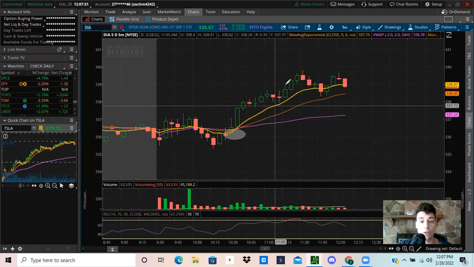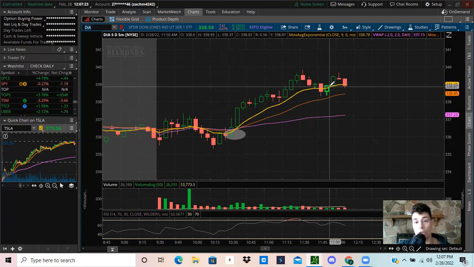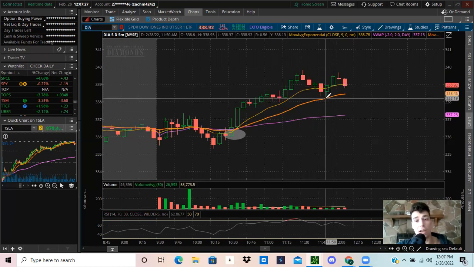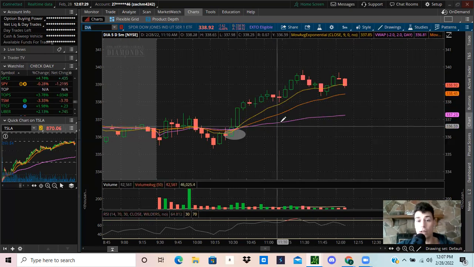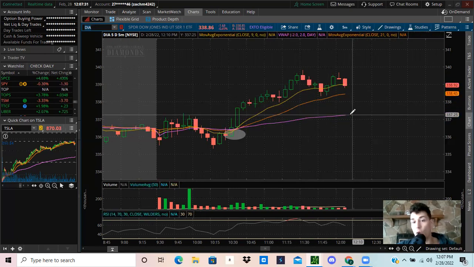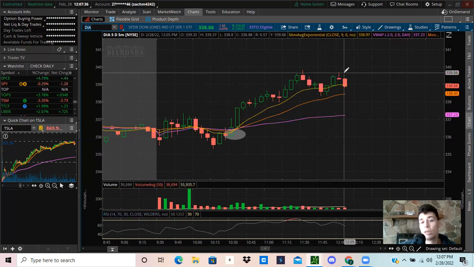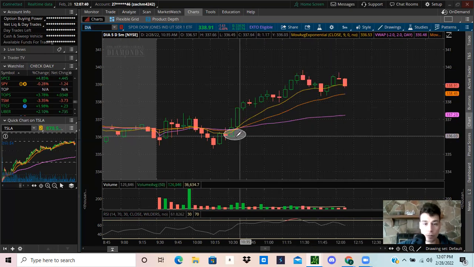If we can maintain support across our 9 EMA and our 21 EMA, and these are trading above the VWAP, the volume weighted average price, then we know we're still in a bullish uptrend. So that's the whole theme behind the strategy.